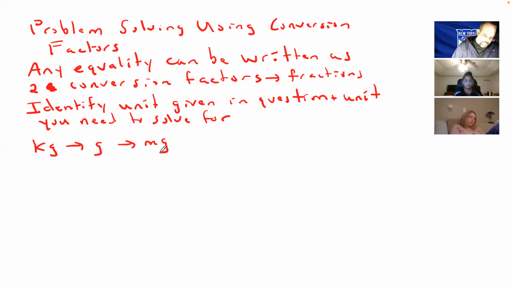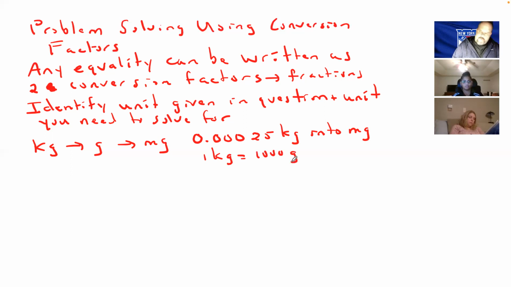So for example, if you wanted to convert, let's say 0.00025 kilograms into milligrams, the two conversion factors we'd have to use are 1 kilogram equals 1,000 grams, and then I would also use 1 gram is equal to 1,000 milligrams.